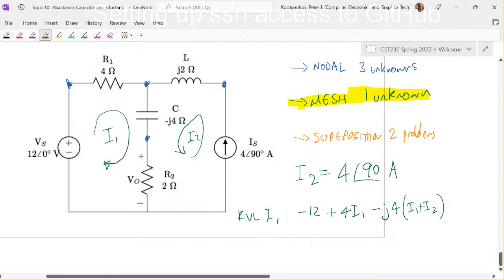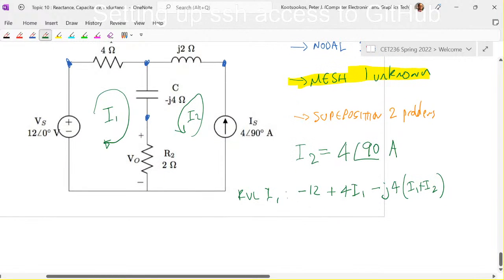Alright, I1 and I2 are flowing through the capacitor in the same direction. They're also flowing through the R2. R2 is 2 ohms. And that whole thing equals 0.